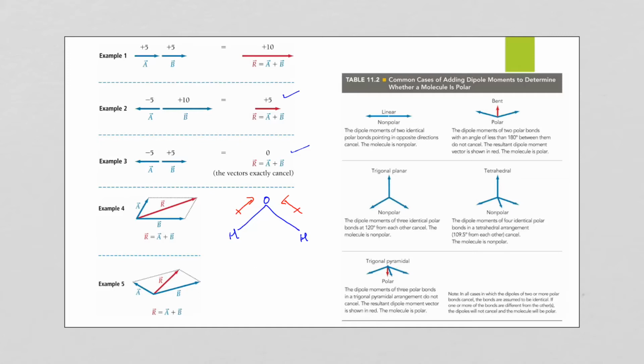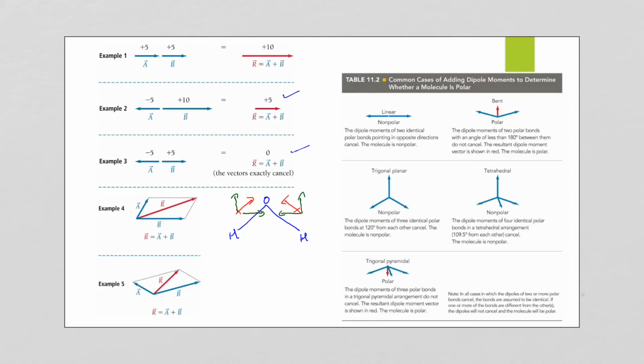Each of these dipoles has a vertical component and a horizontal component. Because these vectors are the same and the angles are the same, the horizontal components and the vertical components are the same.